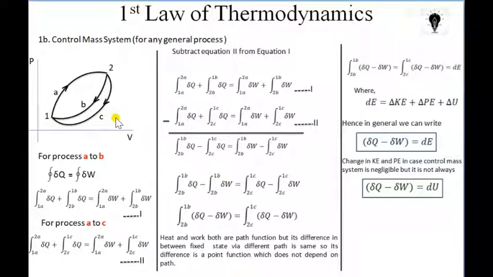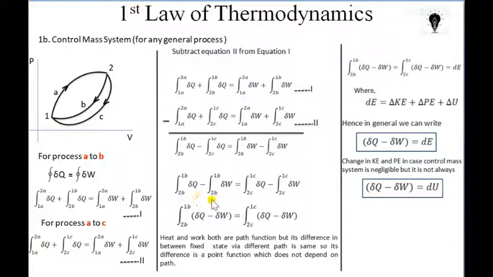As we have seen in the previous lecture, heat and work are path functions, meaning heat exchange along this path and heat exchange along this path will not be the same. Work is also a path function, so work done along this path and work done along this path will not be the same.